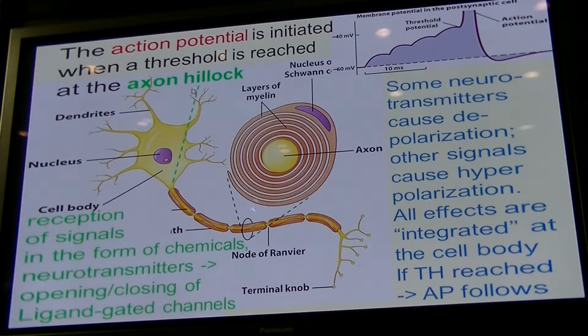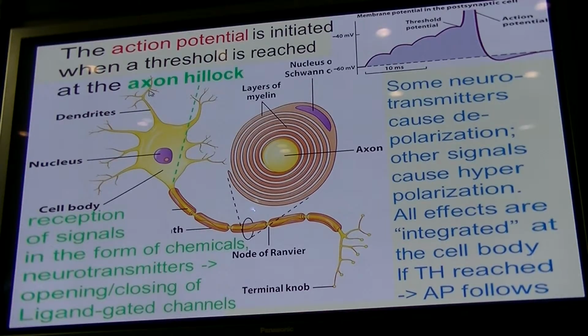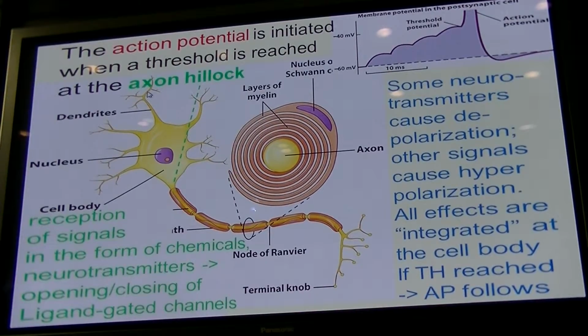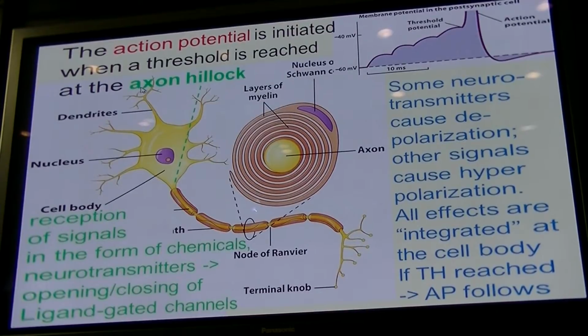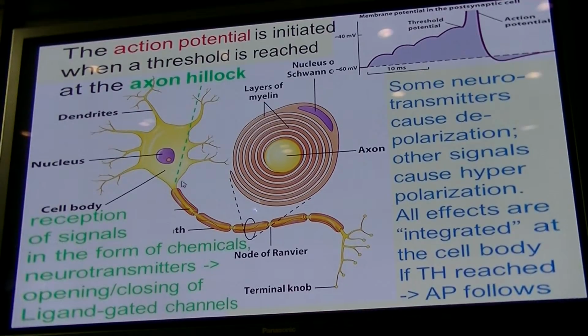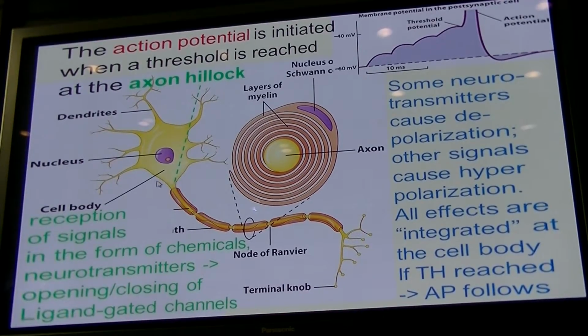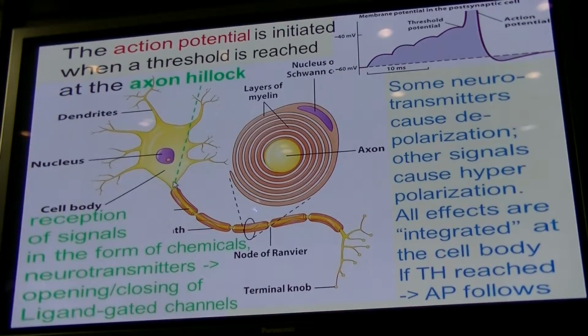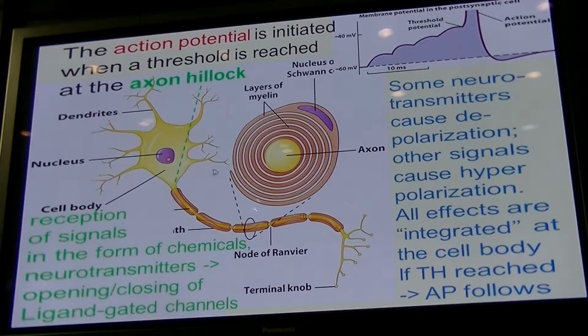So at these different locations, we might have the opening and or closing of sodium channels. And it just depends on what is overall winning out. But as soon as we here reach a certain threshold change in the membrane potential, then the action potential takes off. So we can get signals integrated at these various dendrites.